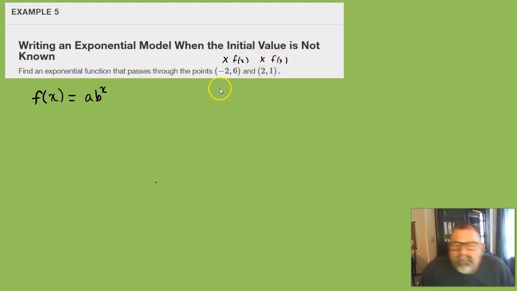And remember, f of x is just y. Same thing. So we're going to put the 6, ab to the -2. So that's our equation 1. And now using point 2, we're going to put in 1 for the f of x, ab to the 2. Now we're going to solve this system.